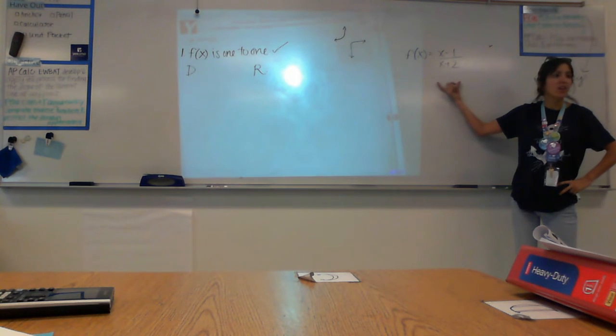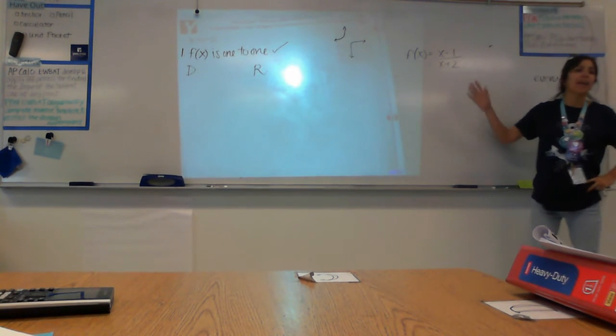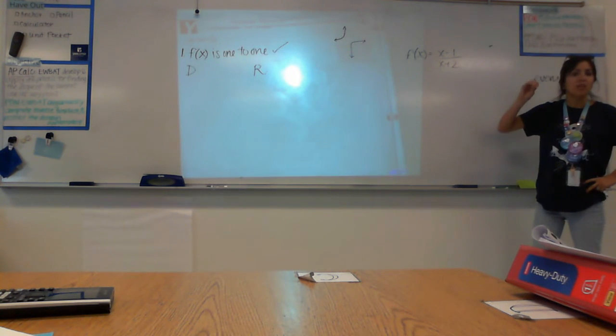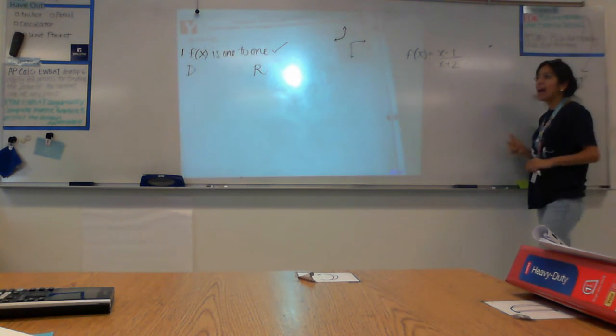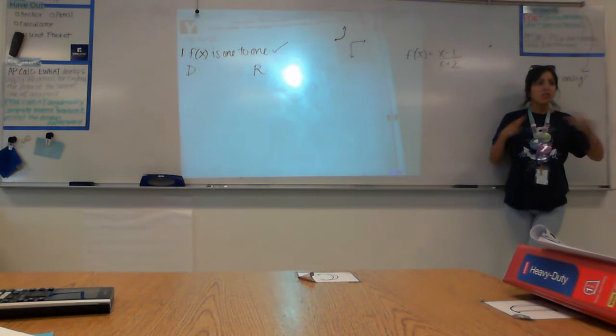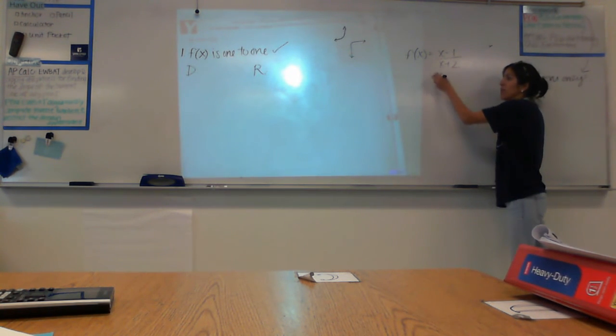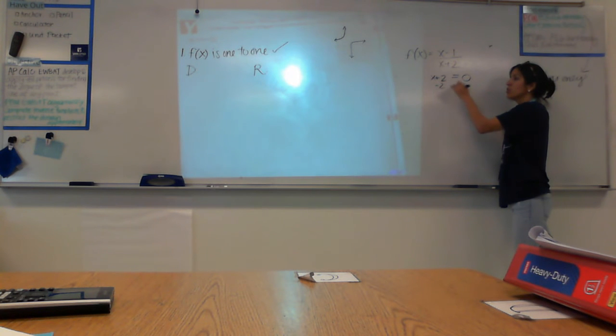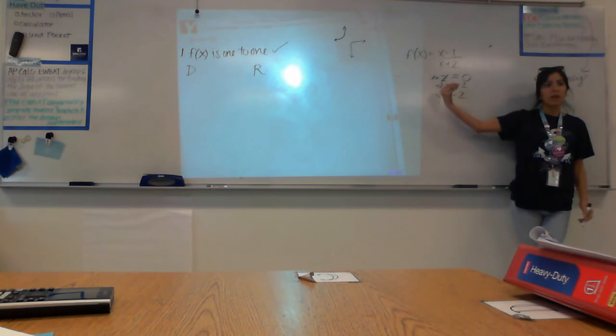Many of you can just look at that and tell me -2, because -2 and 2 make 0. If that's not a natural thing for you, our safe strategy is to take the denominator and set that equal to 0. When I solve, I move the 2, and I get that answer that some people can gather by inspection, -2.